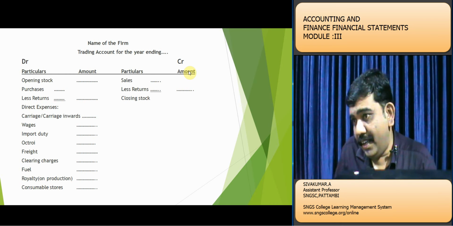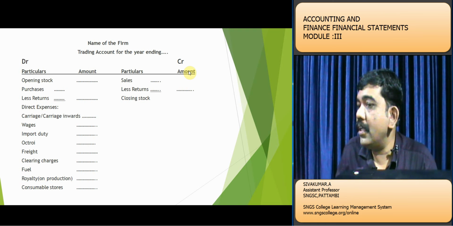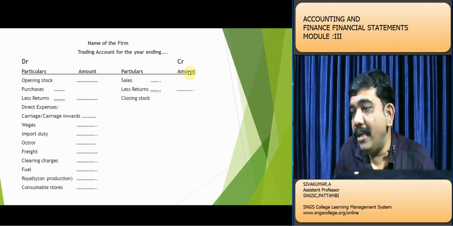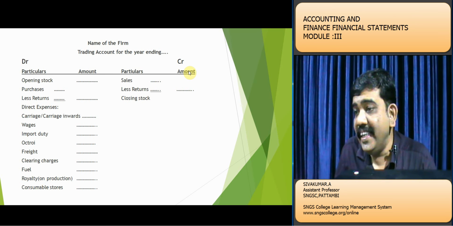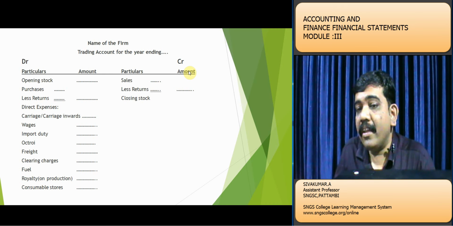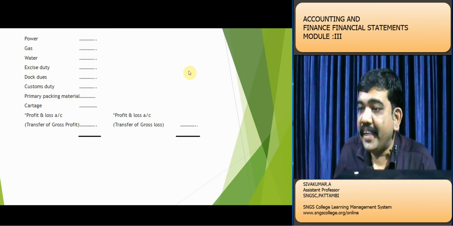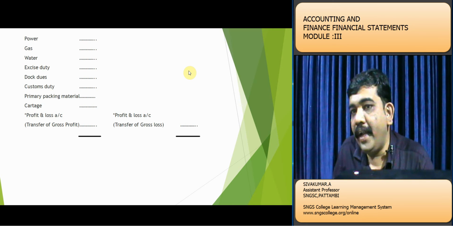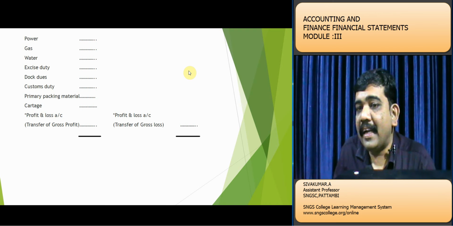What are the other direct expenditure relating to a trading concern? Carriage inwards, wages, import duty, octroi charged by municipality or corporation, freight, clearing charges, fuel, royalty based on production, consumable stores, power, gas, water, excise duty, dock dues, customs duty, primary packing material, cartage.